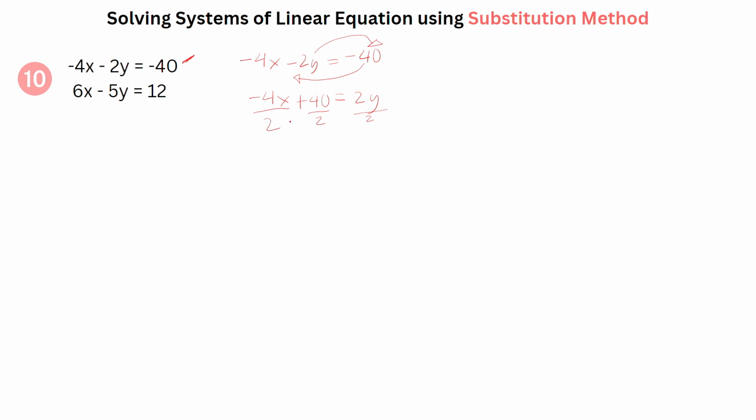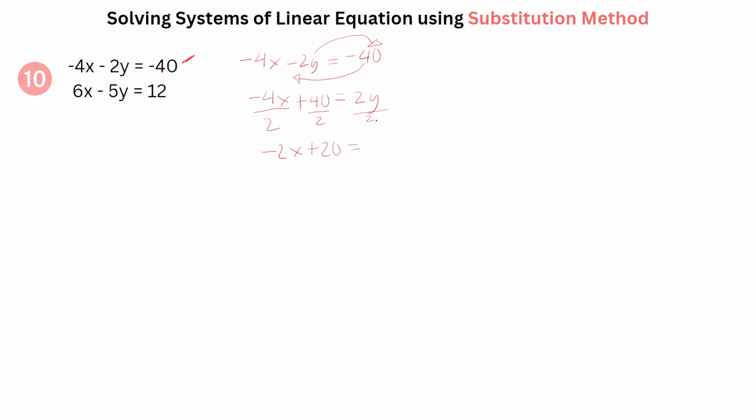So over 2, over 2 there. I guess this one can be simplified, right? So negative 4x divided by 2 is going to be negative 2x, and then plus 40 divided by 2 is going to be 20.